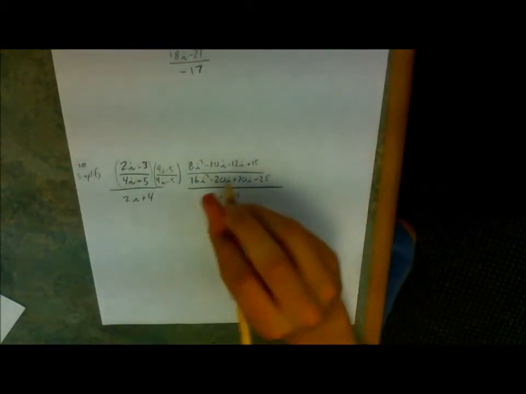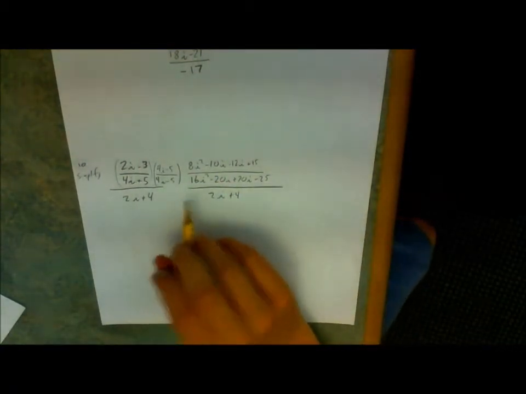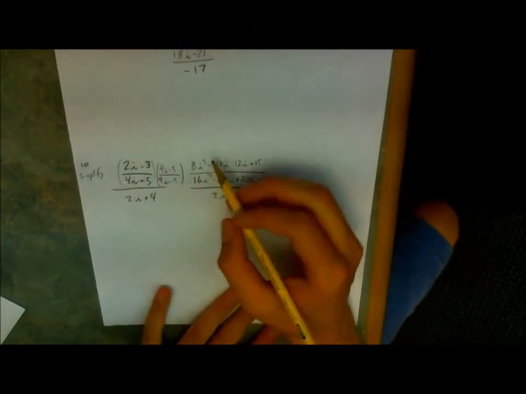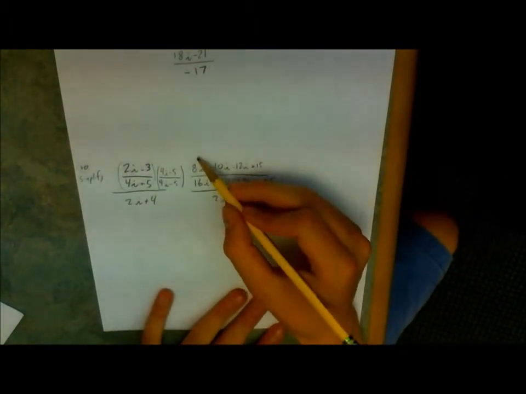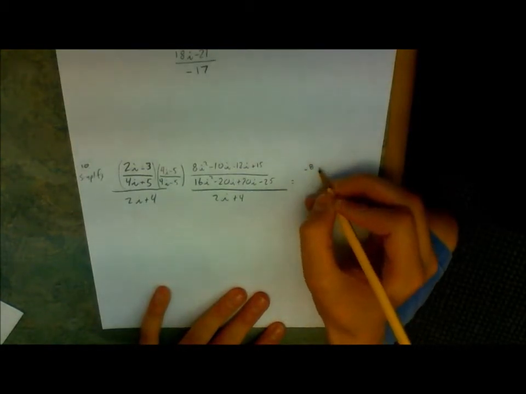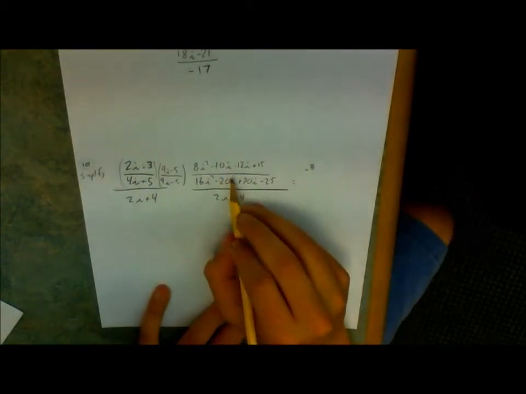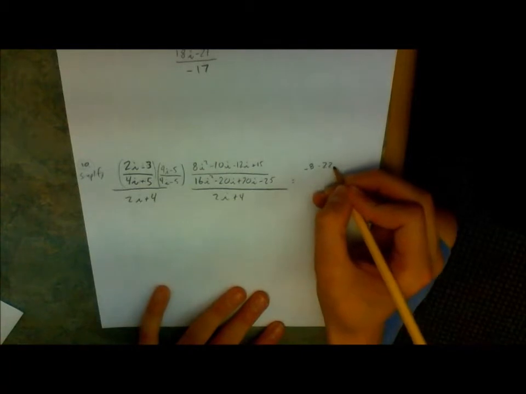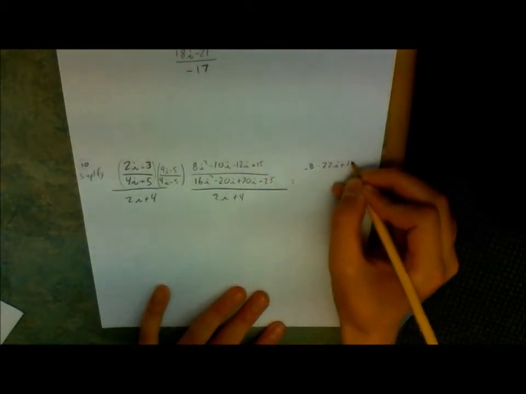So now, as we would normally, we should simplify what we can with the i at the end. i squared is negative 1, so 8 times negative 1 would be negative 8. Negative 10i minus 12i would be negative 22i plus 15.